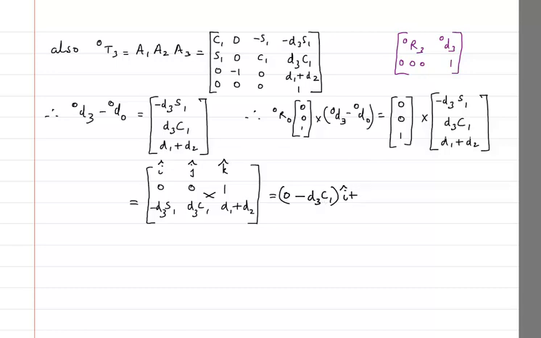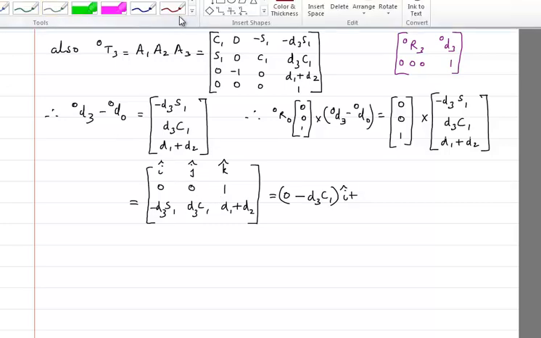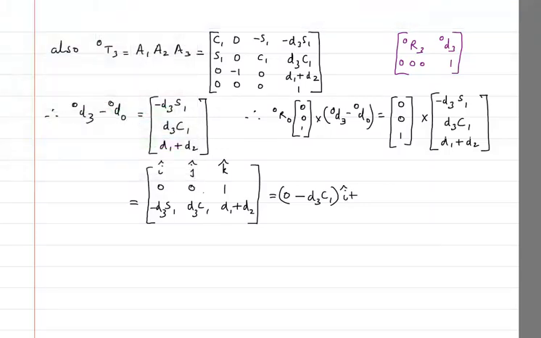Similarly, for the j component, I will have to multiply the corners of the matrix, and for j I have to first write minus j, that I have to take care. So it will become minus of, now 0 into d1 plus d2 is going to be 0, minus of 1 into minus of, so this will become plus d3 s1 of j, and finally k will be all 0.